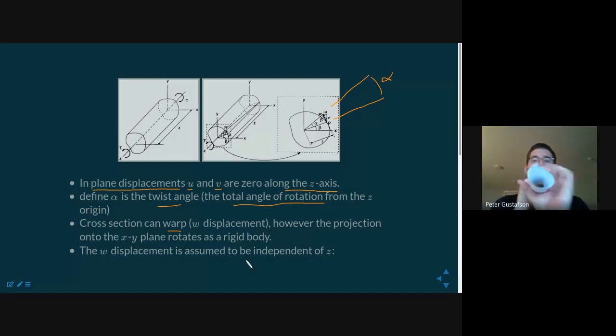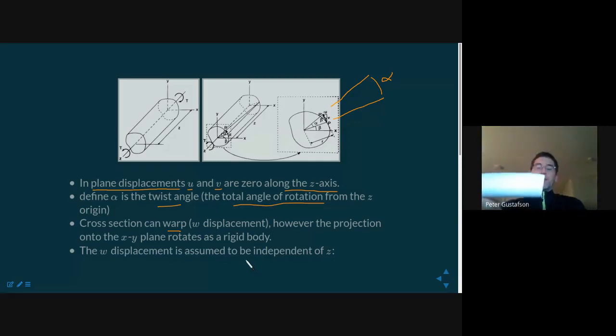Okay, so the next thing I want you to do is twist your sheet of paper, and hopefully your sheet of paper is less sticky than mine. Okay, and what happens as you twist it is that the corner of that sheet of paper will either move forwards or backwards, depending on which direction you are twisting this sheet of paper.